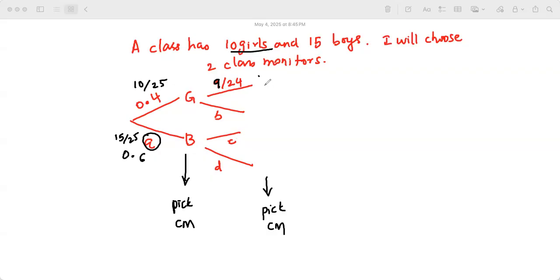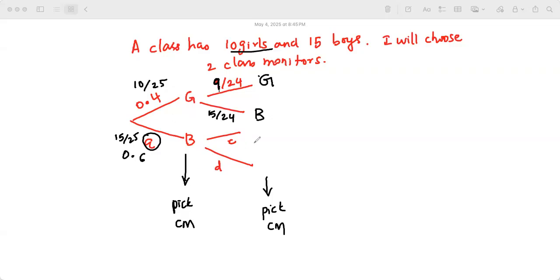G. B. Why? Because one girl disappeared. The rest of them are 9 out of 24 students in the class. So this has to be B then. Now, what is the value of B? Easy, guys, this one. What is it? 15 by 24. 15 by 24. So tree diagram filling is quite easy.